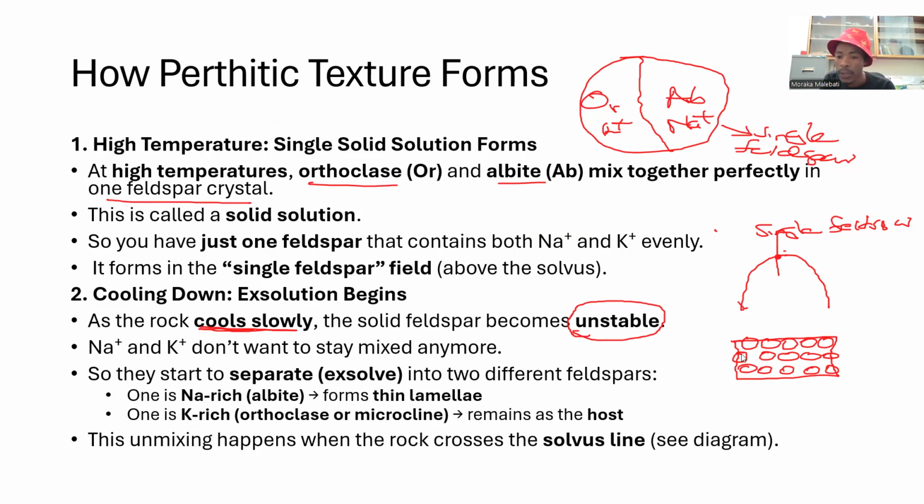These are different atoms that are arranging themselves nicely. Say this yellow, let this yellow be, for example, potassium, and let that red circle be the sodium.